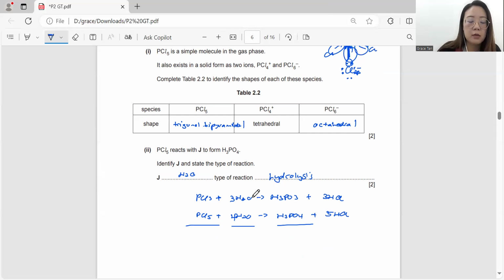Just to add on, make sure you know the other one. PCl3 can also undergo hydrolysis to give H3PO3. You can see the number of chlorine is fewer, the number of oxygen is fewer. The number of chlorine is more, the number of oxygen is also more accordingly.